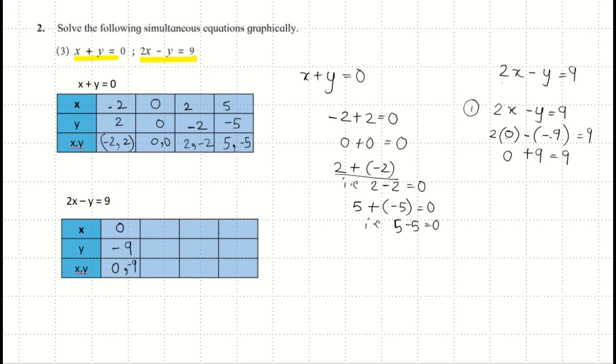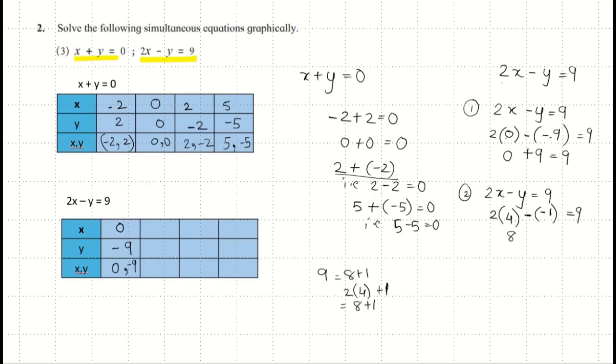Second, again take the equation 2x minus y is equal to 9. 9 can be written in multiple forms. 9 can also be written as 8 plus 1. 8 can also be written as 2 into 4, so 2 into 4 minus minus 1 is equal to 9.